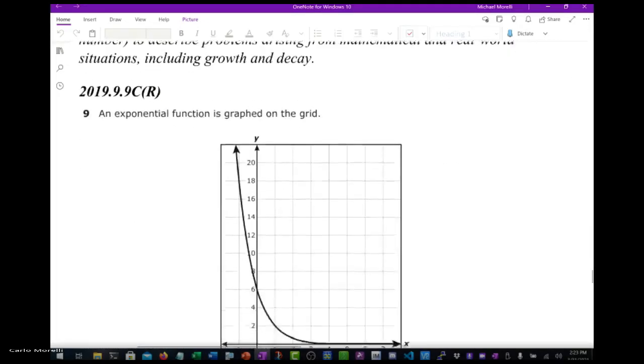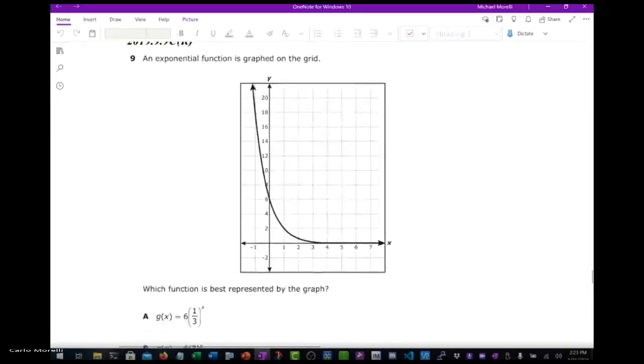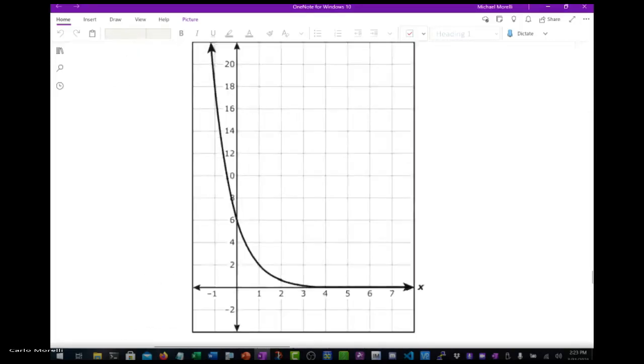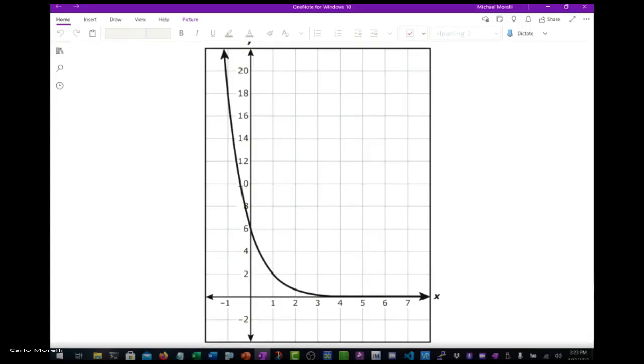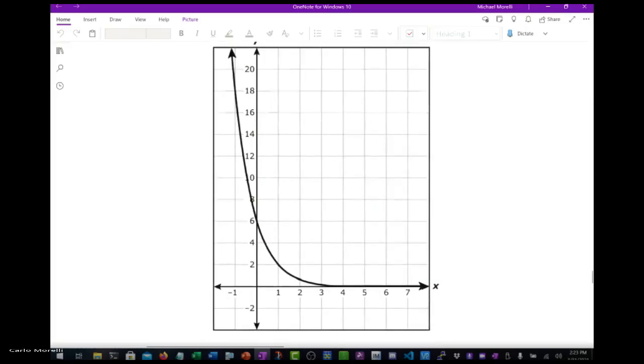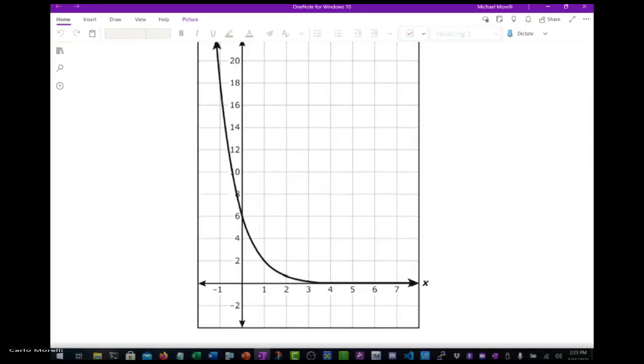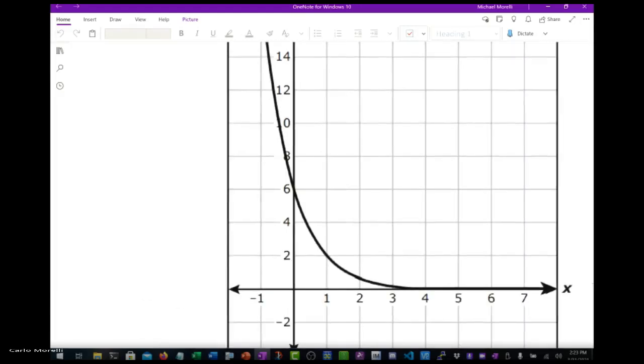Look at this, guys. We're flying through these TEKS. Just looking at this picture, from left to right, the graph is decreasing. Do you see that? Does this look like growth or decay to you? Decay. So are we looking for a b value of greater than 1 or less than 1? Less than 1. Okay, good. Where does it cross the y-axis? 6. What's the starting value?